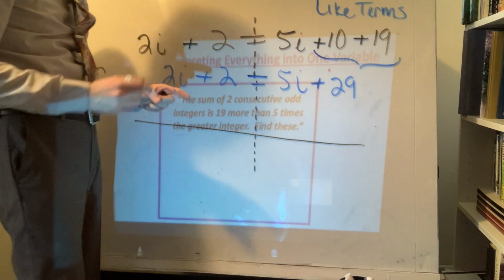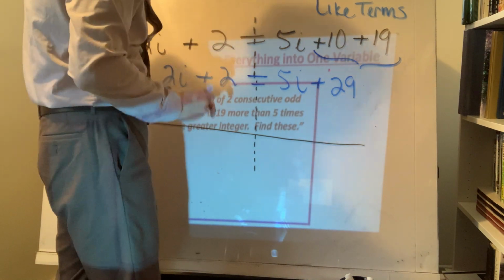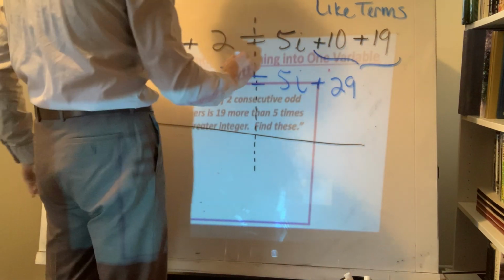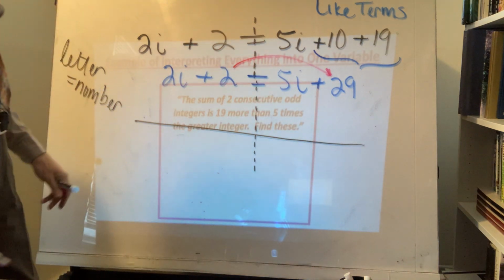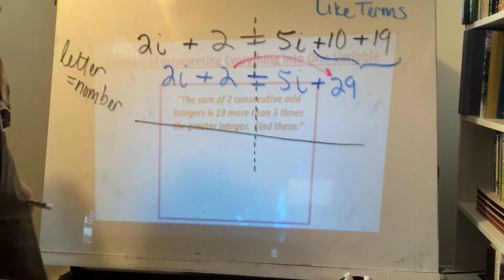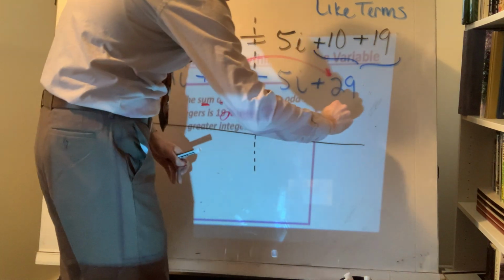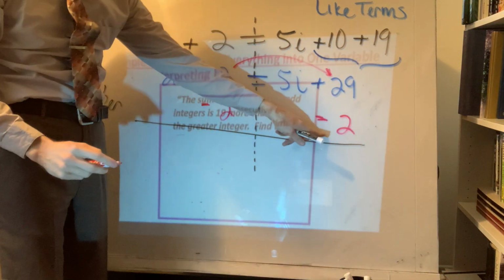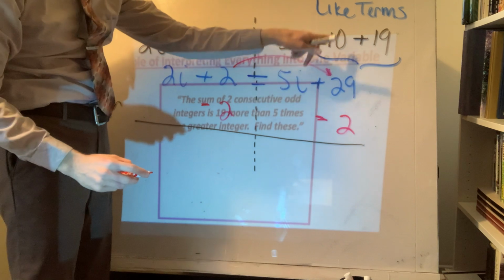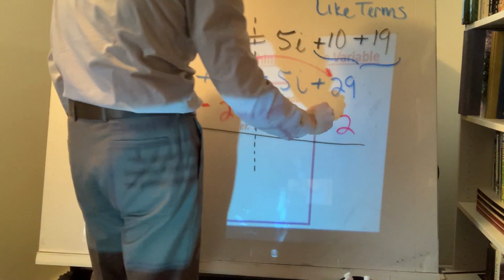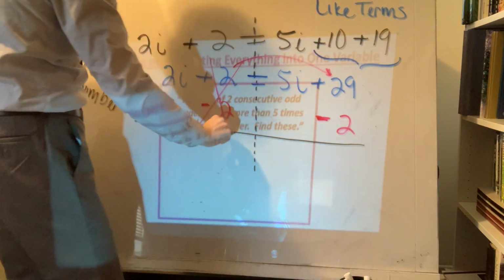Let me do the 2's first. If I want to drag the 2 from where it is over to where its buddy is, I'm going to perform the opposite operation of adding 2, which is to subtract 2. And then I'm going to strategically park it underneath the thing that it most closely resembles, which is another regular ordinary number, a regular constant. These cancel.